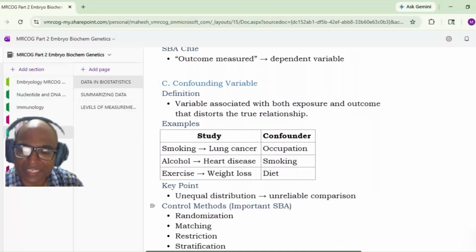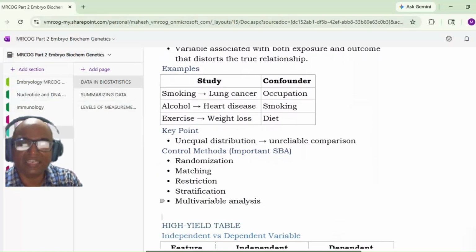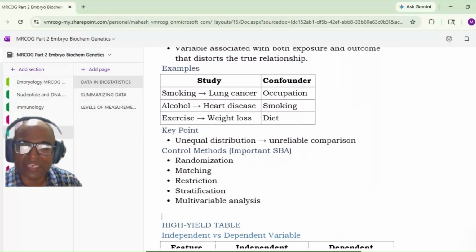So when you are measuring this particular variable with respect to the outcome, this confounding variable will create certain issues. If this variable is unequally distributed in the two groups which you are comparing, then your comparison is not reliable.